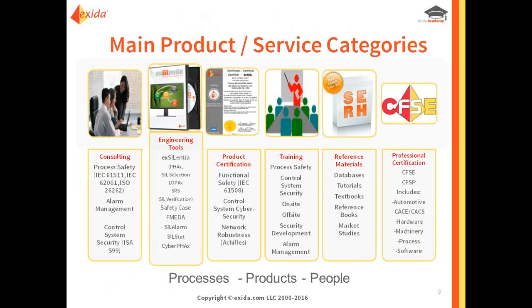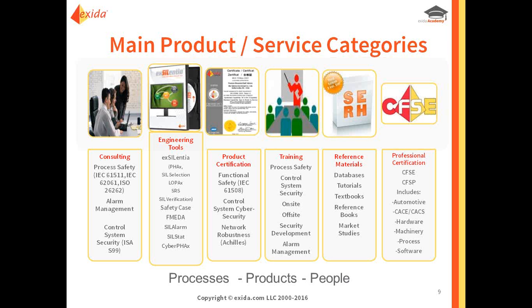We have a lot of different products, a lot of different services. We kind of summarize them here in this slide today. We do have a consulting branch that's not in product certification. Therefore, we're allowed to do it. That's usually for our end users. It's for alarm management. It's for cybersecurity. I touched already on the engineering tools. We have product certification in 61508, and we also have some certification work in 26262.